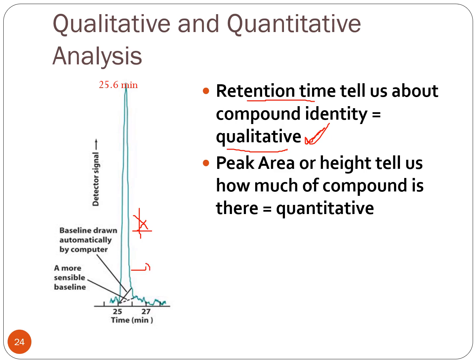Okay, this one is for qualitative. We want to know the peak that comes out at what retention time is equal to which component. And then for the quantitative, the peak area and/or the peak height will tell us how much of the compound is there, the concentration of the compound.